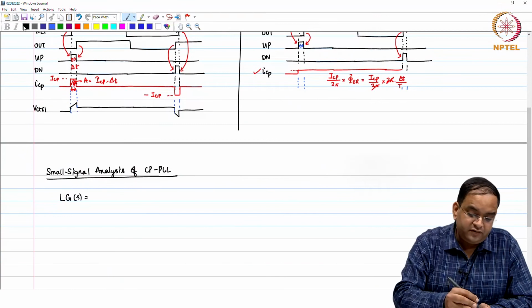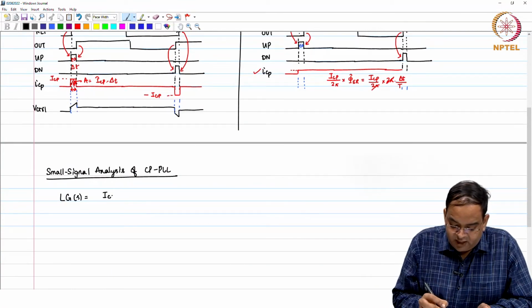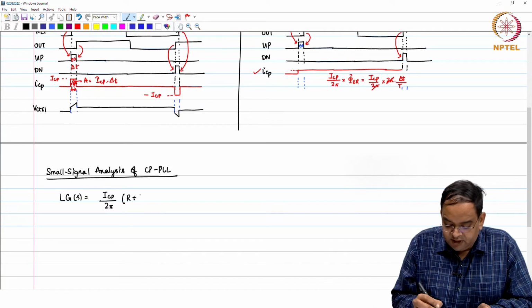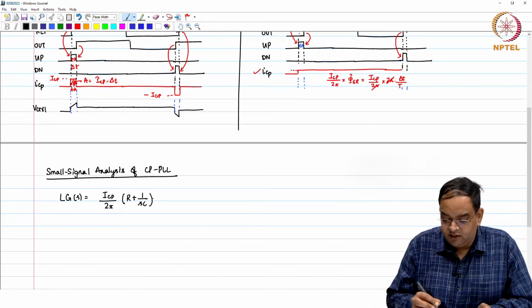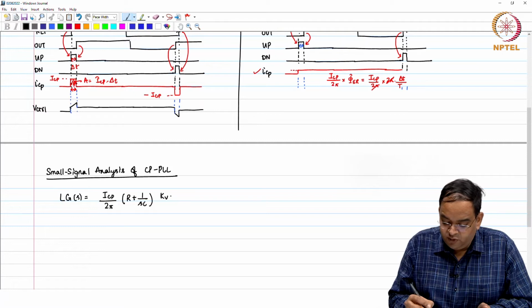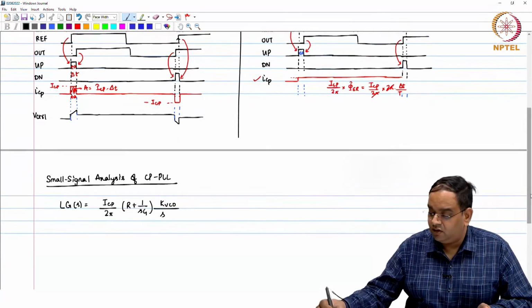The loop gain of the system is ICP by 2 pi into R plus 1 over SC times KVCO over S. I have been using C1 in all these cases.